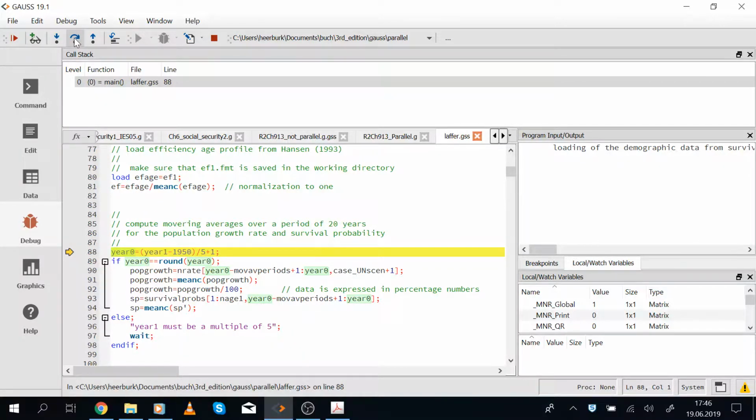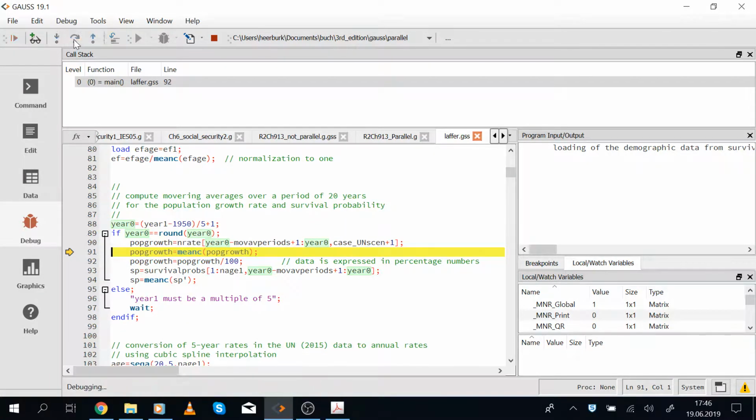In the next 10 lines, 88 through 98, we convert the moving averages over 5 years into our survival probabilities. So let's go through this.